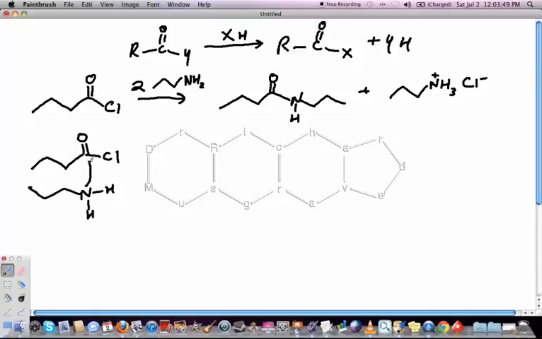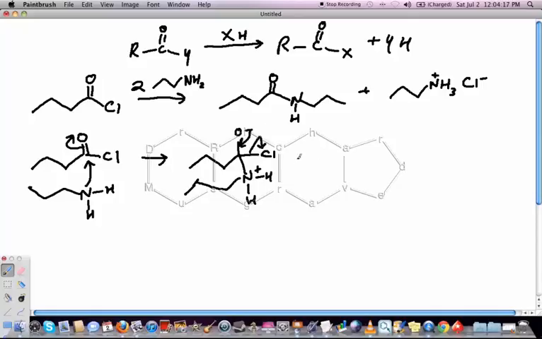And what's going to happen is the nucleophile is going to come in, attack the C double bond O. Then the O negative comes down, kicks out the leaving group.